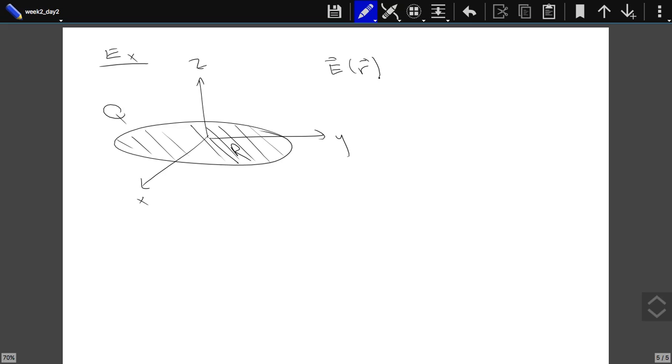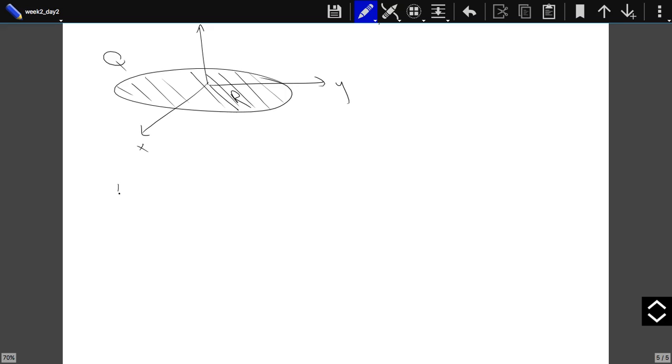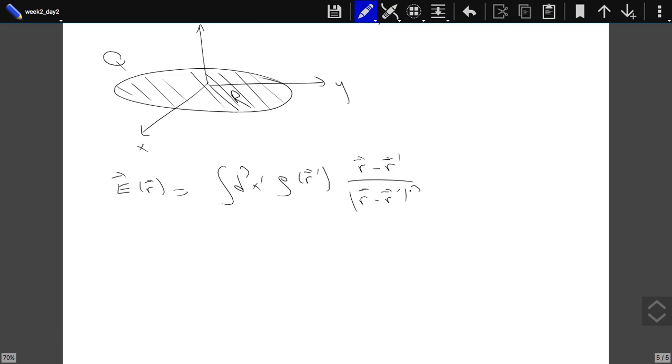We know the general expression for the electric field at a given point in terms of the charge density: d cubed x prime, rho of r prime, r minus r prime divided by the length of r minus r prime cubed, and we have the 1 over 4 pi epsilon 0. Given the volume charge density, this is always the expression for the electric field.